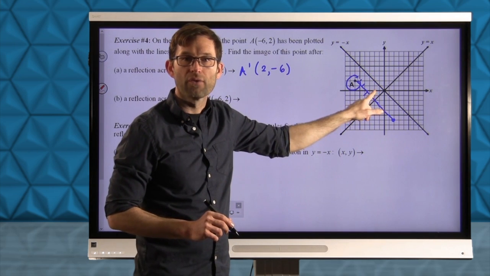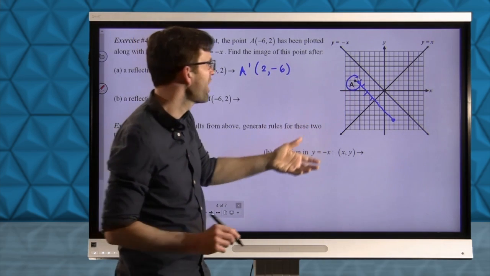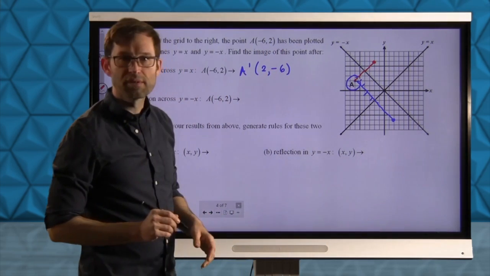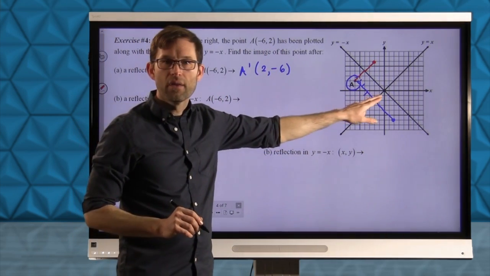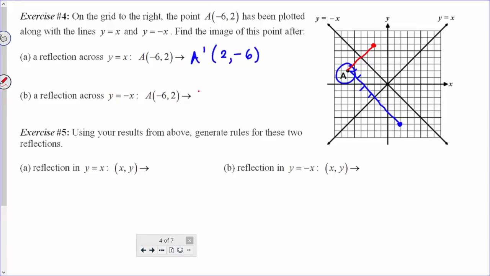I've got to be parallel to y = x now. I'm going to do the same trick and count my diagonals. So that's 1, 2, that hits the line, 1, 2, and that's where my A prime must be. That's now at (-2, 6).